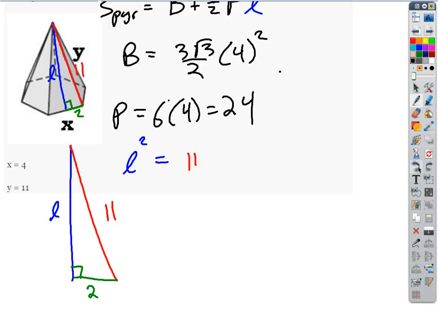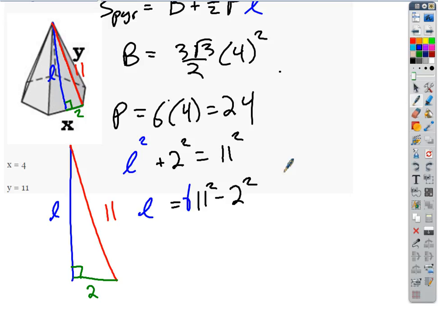So L squared plus 2 squared equals 11 squared, right? So if I subtract 2 squared from both sides, that's going to give me my L squared. Everybody agrees with that? L squared is 11 squared minus 2 squared. Okay? And then to get L, I'll just square root both sides. Okay? So there's L. We've got all the parts we need of that equation then, right? We can just calculate those numbers and put them in the surface area equation.